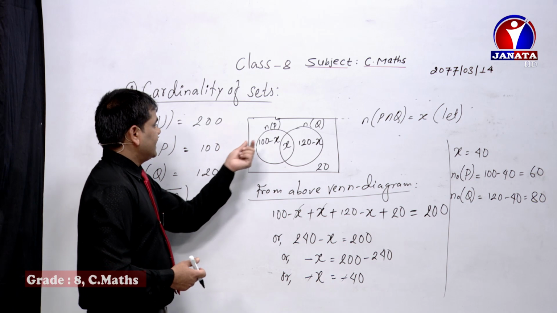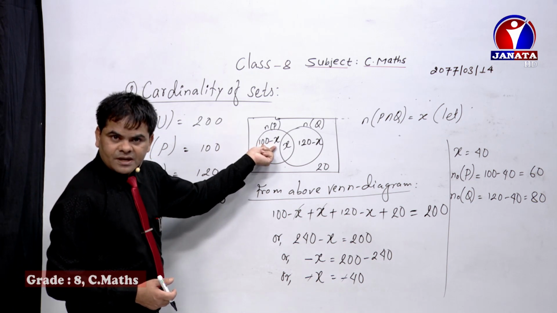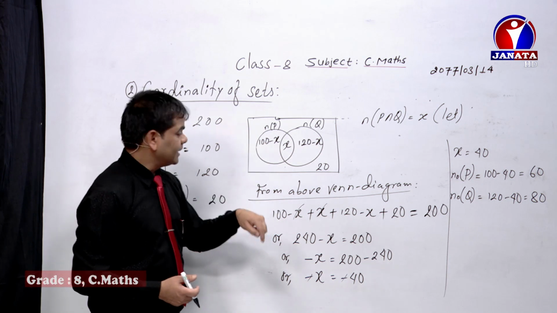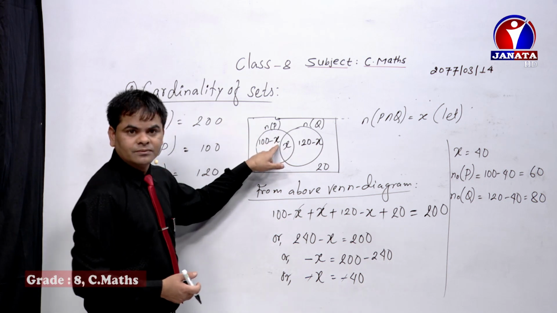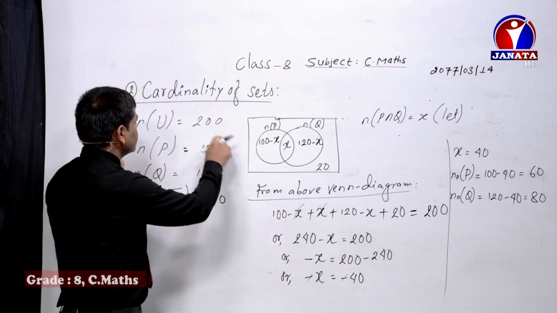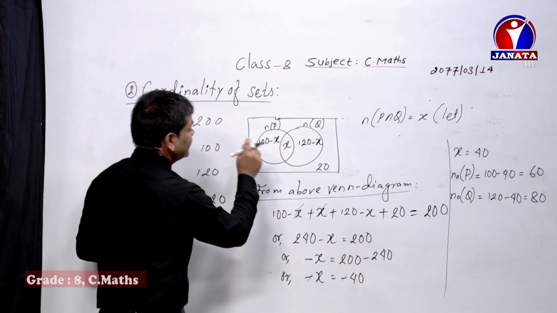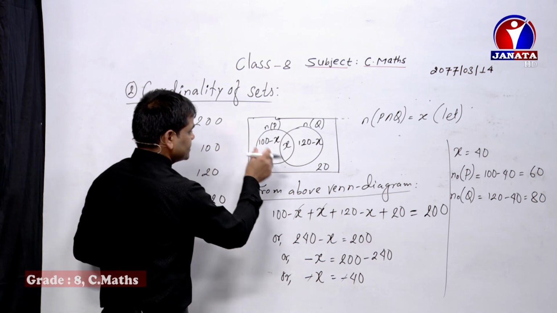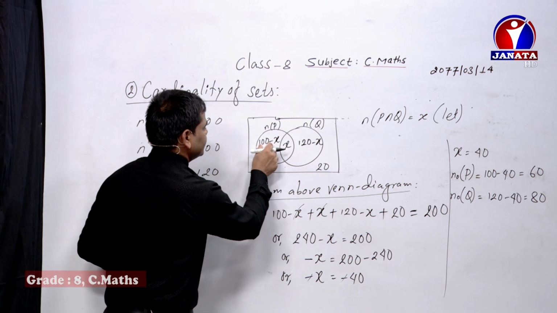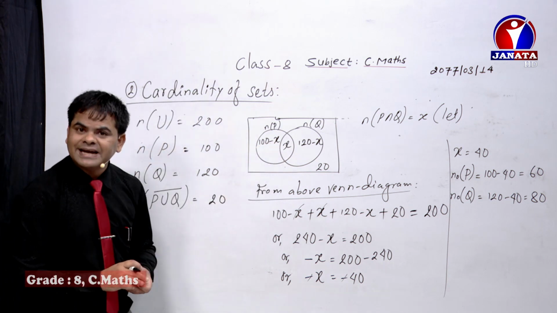Now dear students, as this place belongs to P only, while making P only, we need to subtract the intersected value. So altogether in the circle P, there must be 100. It represents 100 minus x and plus x. If we cancel these two, of course the value remains 100.